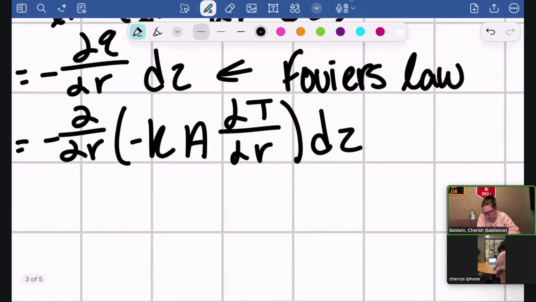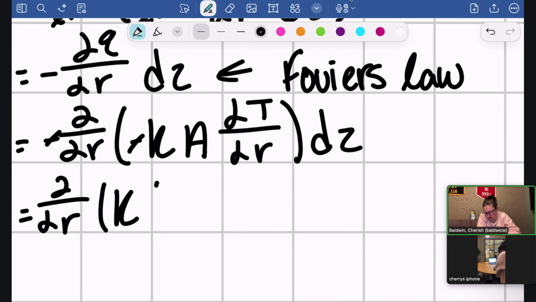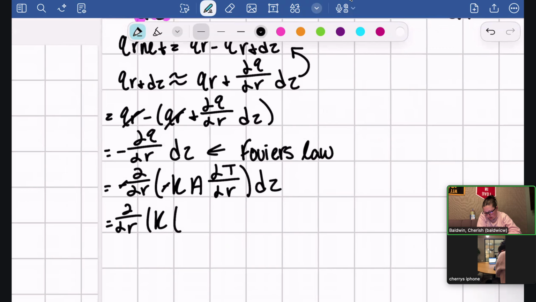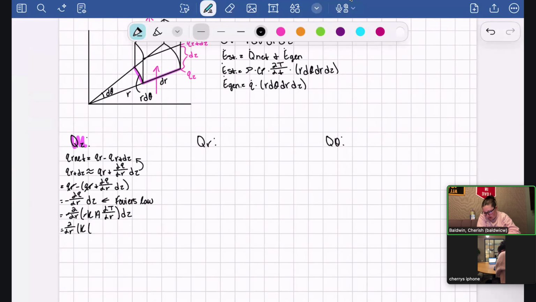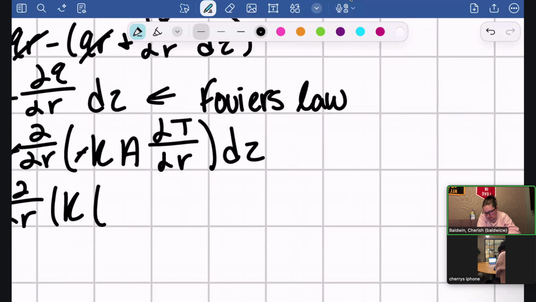Alright, so then the negatives cancel out. And area for this is dr times r d theta. Do r d theta first.